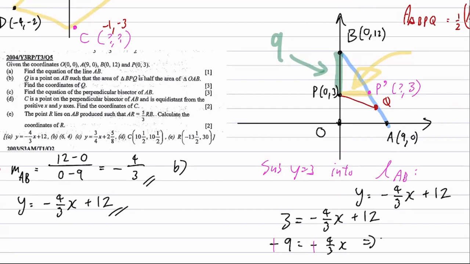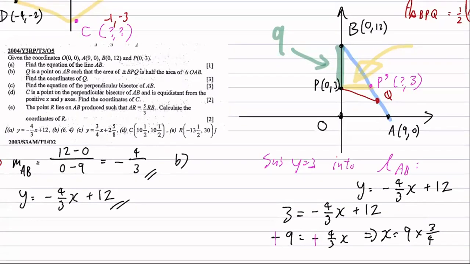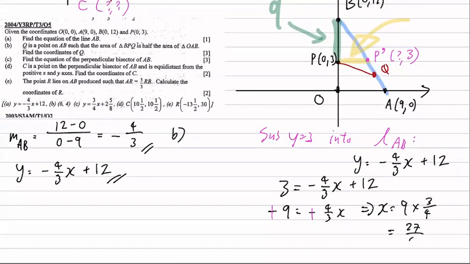So that means that x is equal to 9 times 3 over 4. So that's just 27 over 4. Is it correct? Yeah. Okay, good. Let's just fill in the blank so it's not so messy. 27 over 4, comma 3. All right, good.